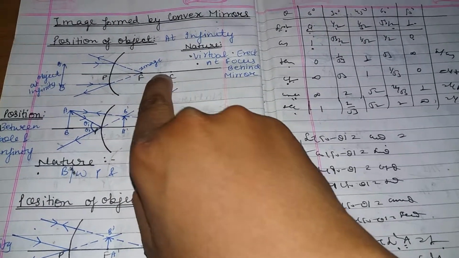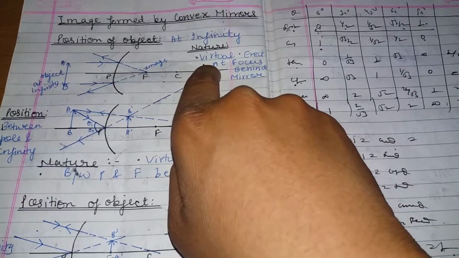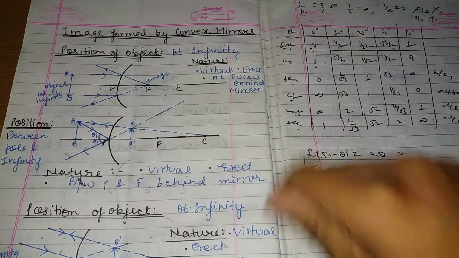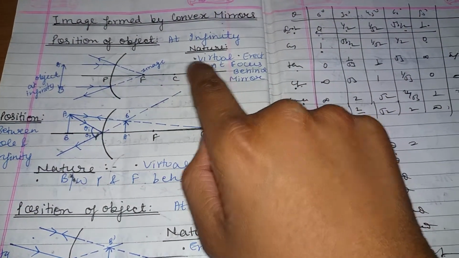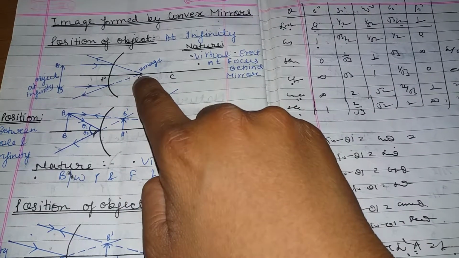So we can say that the position of the image is behind the mirror. It is virtual, as we are considering that the rays will actually meet.